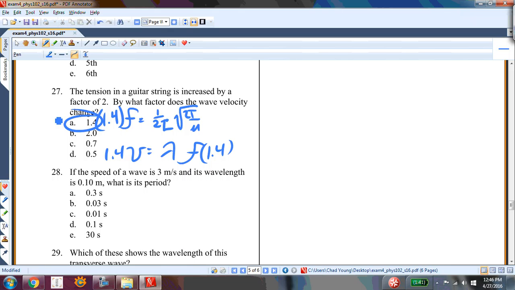The speed of a wave is 3 meters per second, and its wavelength is 0.1 meter. What is its period? Okay, well, V is equal to wavelength over period. That's the easiest way. You could find the frequency and then find the period if you want, but this is probably the easiest way. So I say 0.1 equals 3 over t. So what is 3 over 0.1? Well, gosh, it's 30 seconds. Is that right? Wait, no, hold on.